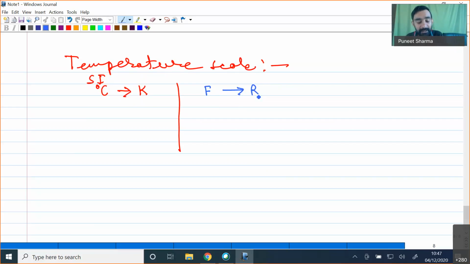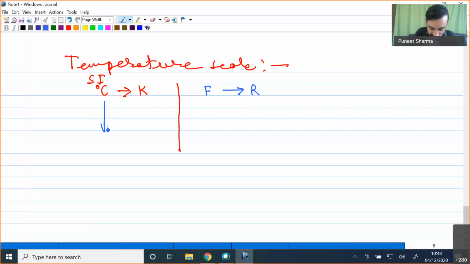We have relationships between the different scales of temperature measurement. But the important idea is, while these scales were developed, what was the basis for defining the zero value of the temperature? Okay, so let me give you a brief background of the temperature scale.